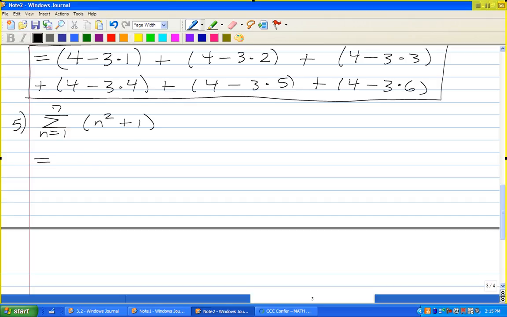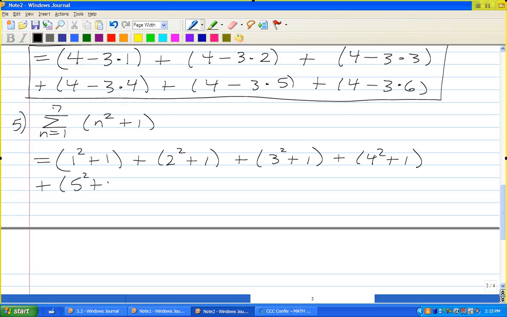Replace n by 1, 2, 3, 4, 5, 6, and finally by 7.